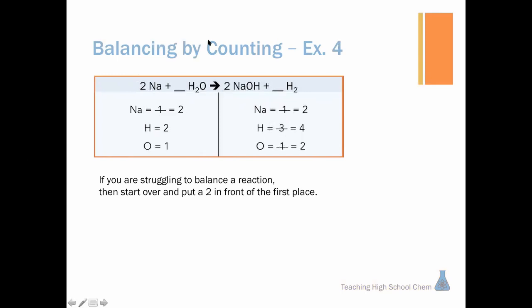So then you put a 2 here to balance the sodiums. And so now when I go to balance the oxygens, the hydrogens end up getting balanced too, and I'm done. So it's one of those things that, when a kid gets frustrated, I can say, hey, stop, erase everything you got, put a 2 in front of the first one, and try it again. Which is why I always do balancing in pencil, by the way.